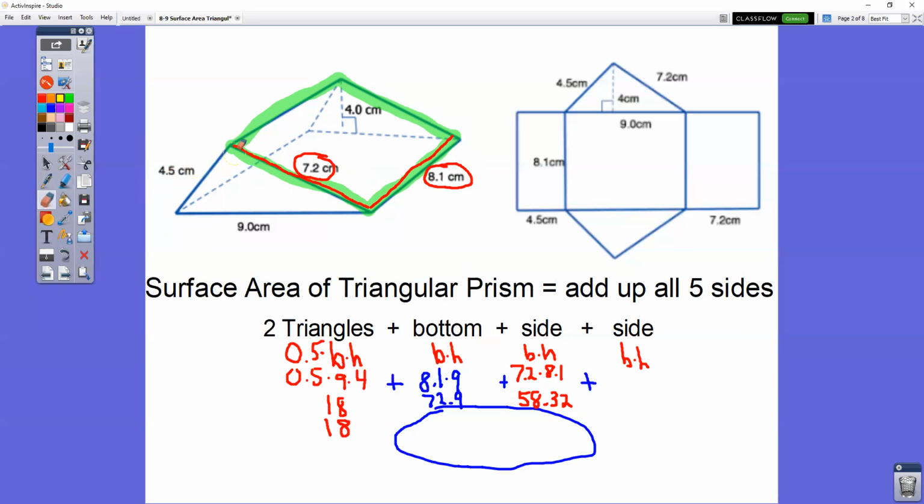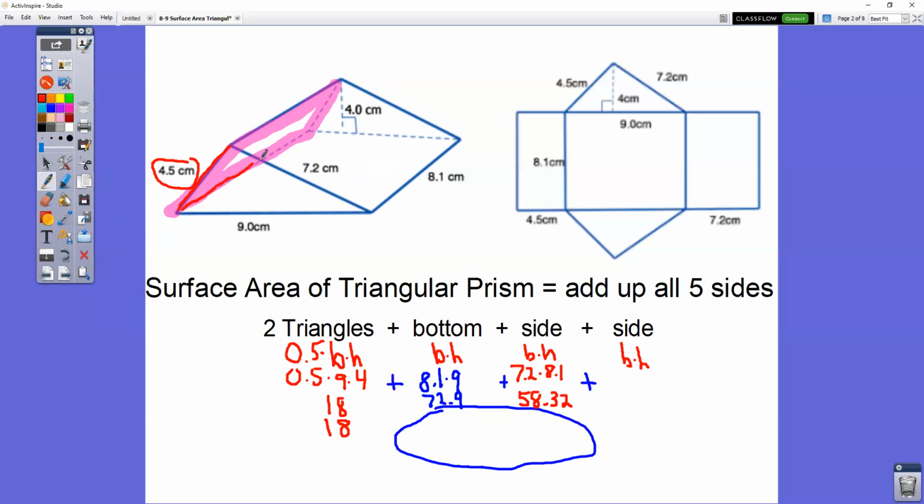For the other side, I am taking a look at the other rectangle on the other side. So I'm taking a look at this rectangle right here. So this is where I'm actually going to use this 4.5. This 4.5 is this distance right here. So I'm using the 4.5.